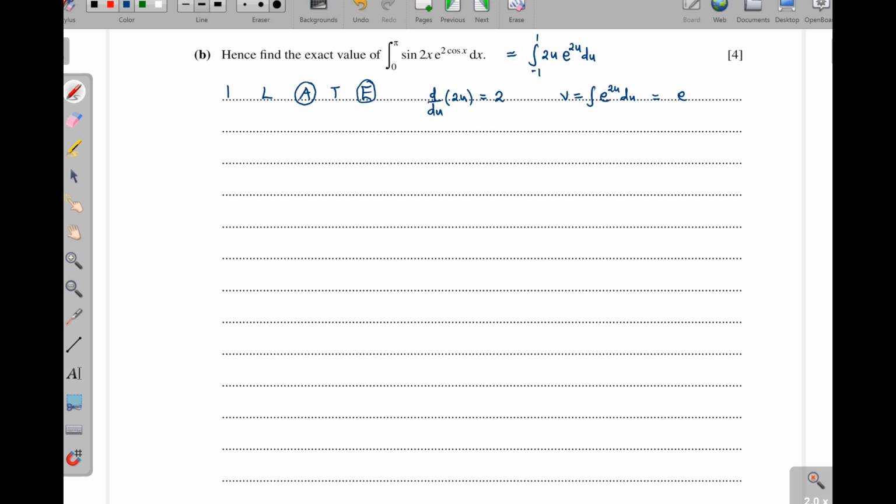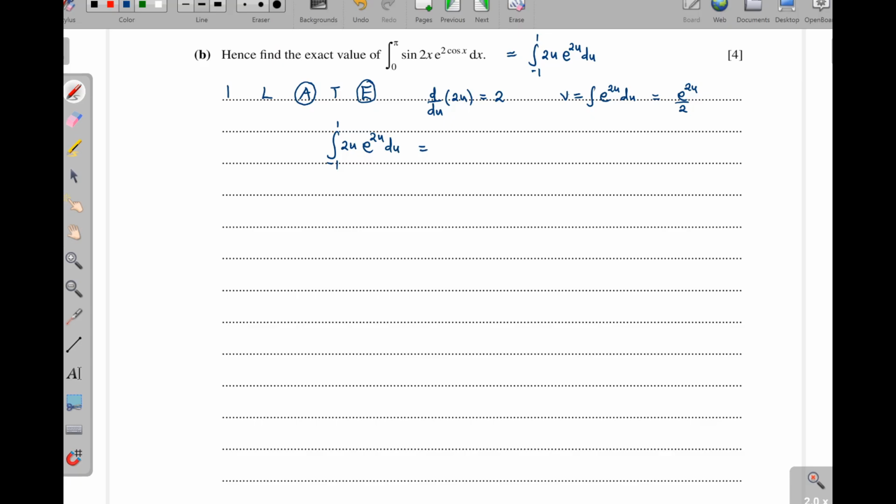So we shall have e to the power of 2u divided by 2. Now that means our integral here, the integral from -1 to 1 of 2u e to the power of 2u du, will be equal to uv.